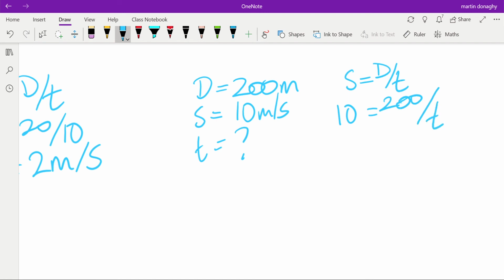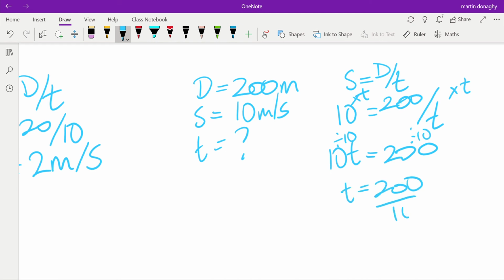Now I'm trying to find this thing that I'm dividing by. That's tricky. So what I do is I make my life easier. I multiply both sides by time, and that gives me 10t equals 200. But I'm trying to find out what 1t is, so I divide this side by 10. If I do it to one side, I have to do it to the other. So it gives me that the time is 20 seconds.